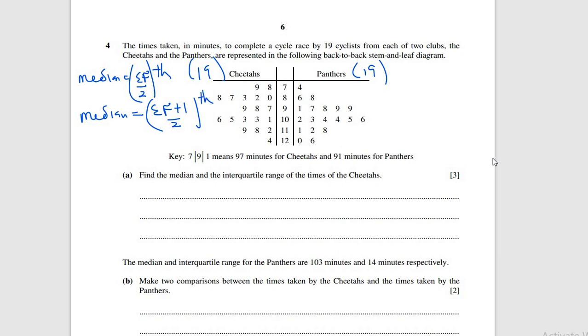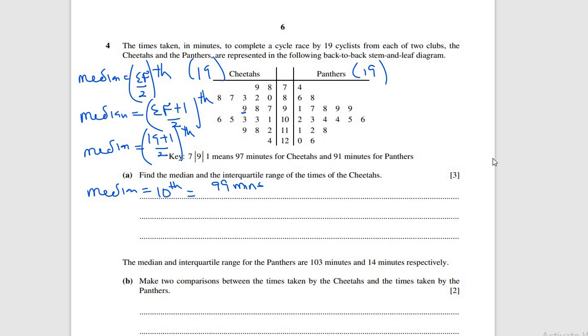Position, don't forget to put the position. So median of Cheetah will be 19 plus 1 over 2, the 10th position. Let's count it: 1, 2, 3, 4, 5, 6, 7, 8, 9, 10. 9 to the left, 9 in the middle. That's 99 minutes.